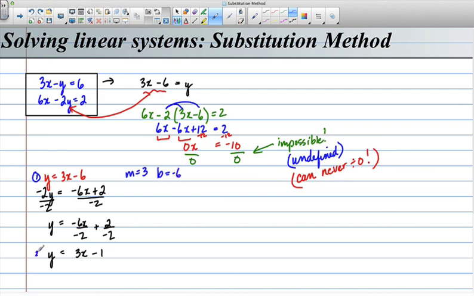The second equation gives us a slope of 3 and a y-intercept of negative 1. We actually have parallel lines with different y-intercepts. And that is why these two equations cannot be solved, because the lines never cross.